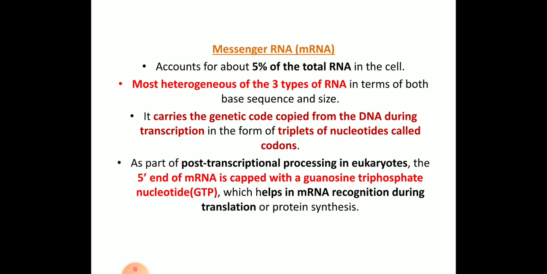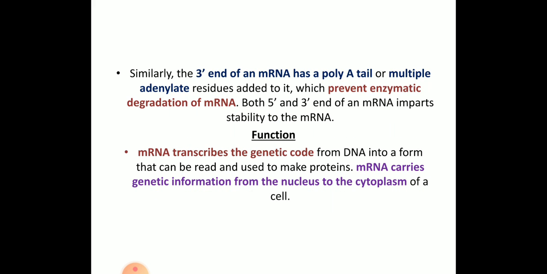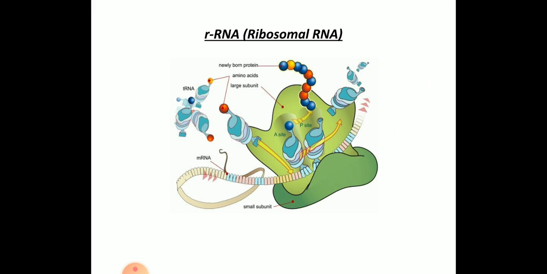Only 5% of RNA is mRNA, the messenger RNA. And what is its function? This mRNA carries genetic information from the nucleus to the cytoplasm and also helps in protein synthesis. So this is about the structure of mRNA. Next, coming to rRNA.